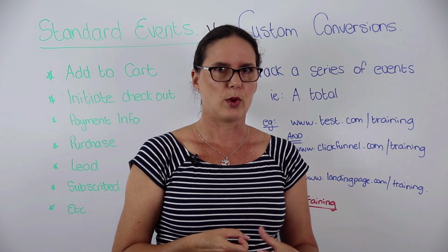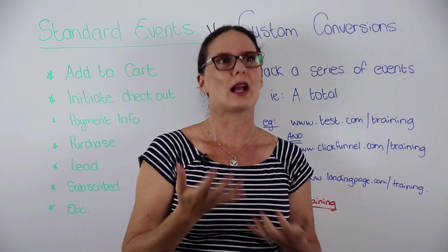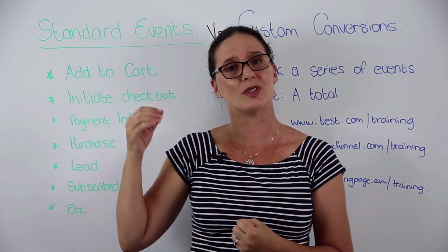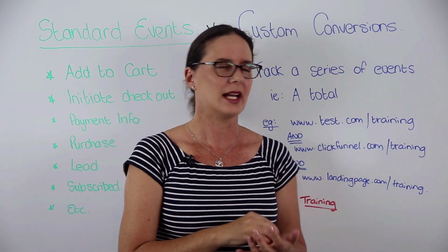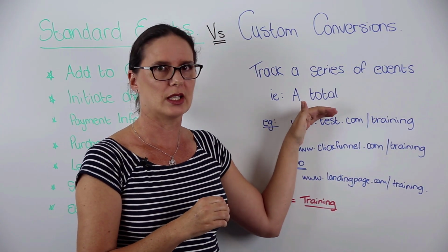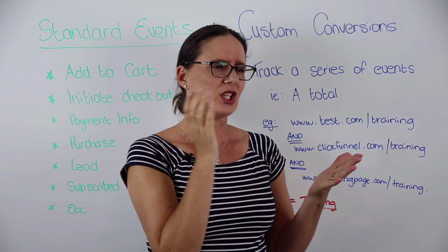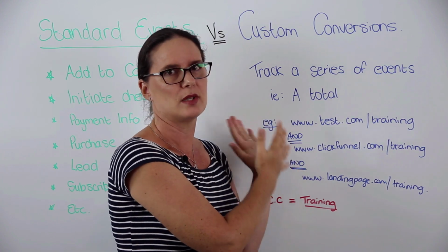One of the things I do want to point out is that, having spoken directly with Facebook, they try and get people to use the standard events more than custom conversions. And the reason behind that is this is manual coding. So you have to go in and physically code your pixel to track these custom conversions, and it's easy to make a mistake.